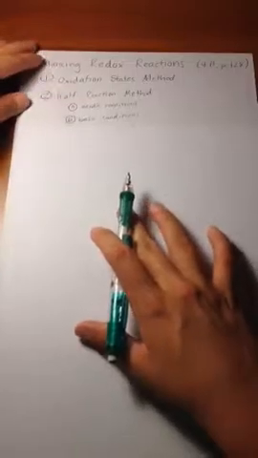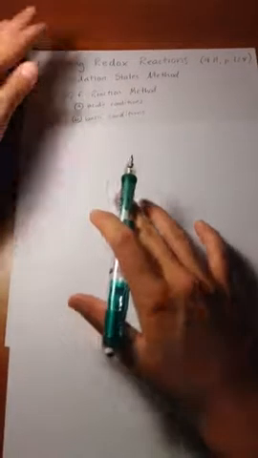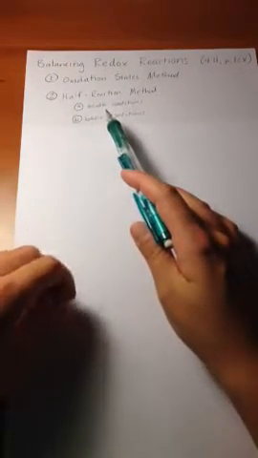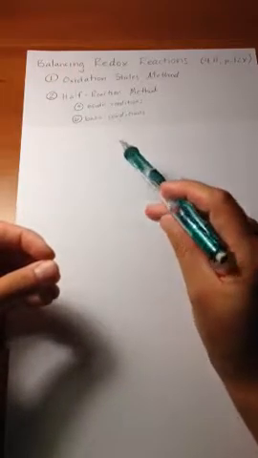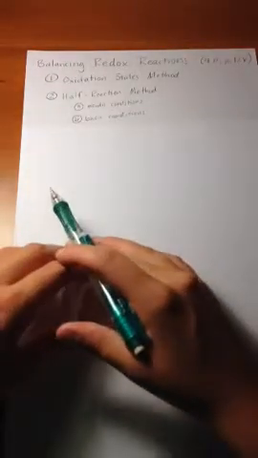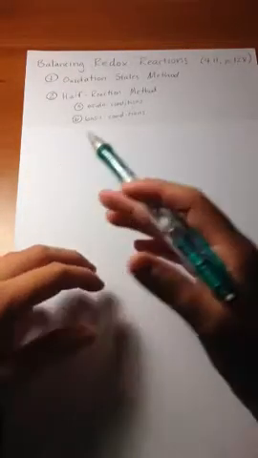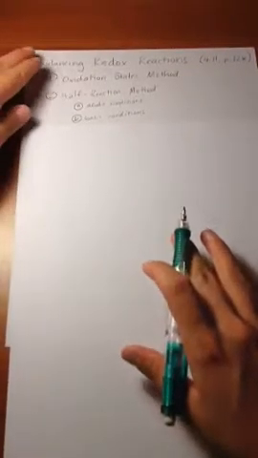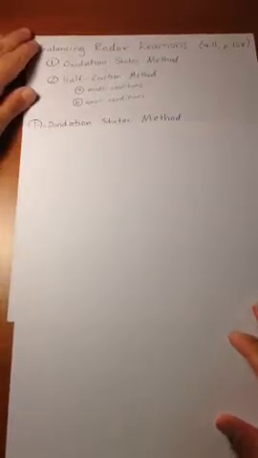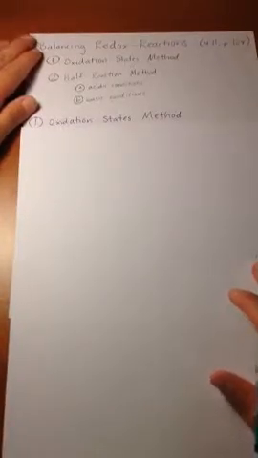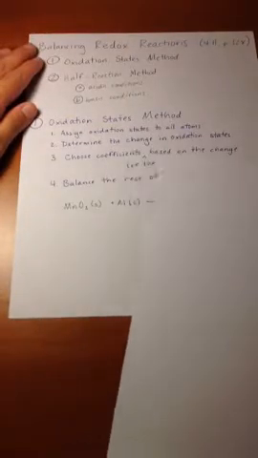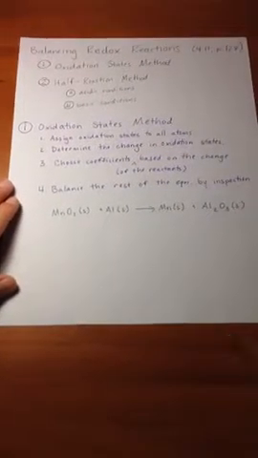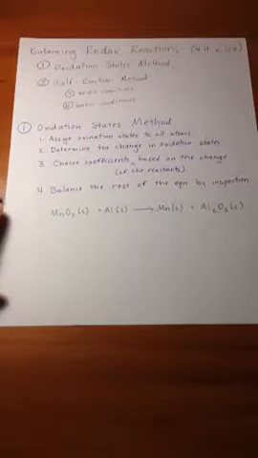But what has to be taken into consideration there is whether you're in acidic or basic conditions, because the rules change slightly depending on the type of solution you're balancing in. But the first way I want to go over is the oxidation states method. We're just going to go over a couple of steps and then work a problem together.